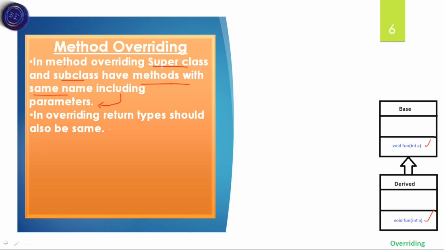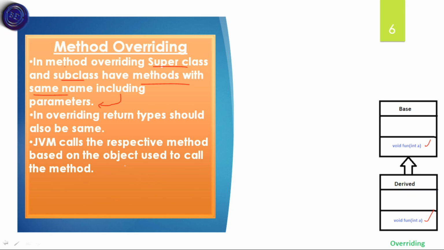In method overriding, the JVM calls the respective method based on the object used to call the method. So the JVM is dependent on the object, and this object will specify which method has to be called. So in method overriding it depends on the object, while in method overloading the compiler decides.